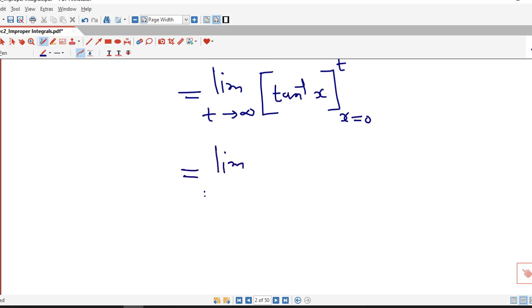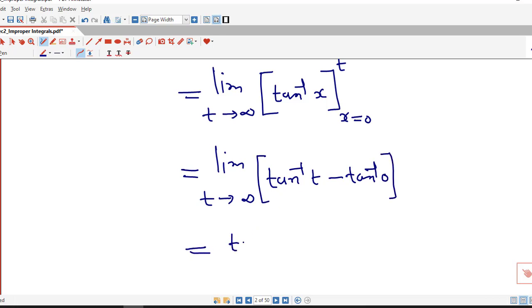For the upper limit x is t and for the lower limit x is 0, and we can directly put t tending to infinity. Tan inverse 0 is 0 and tan inverse infinity is pi by 2, because tan pi by 2 is infinity.